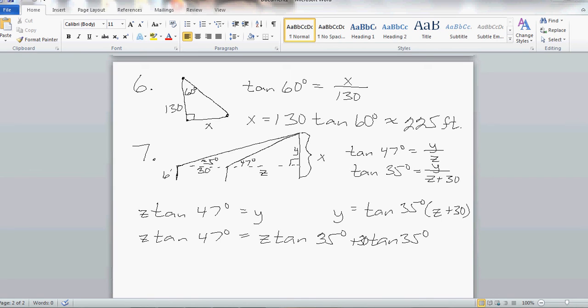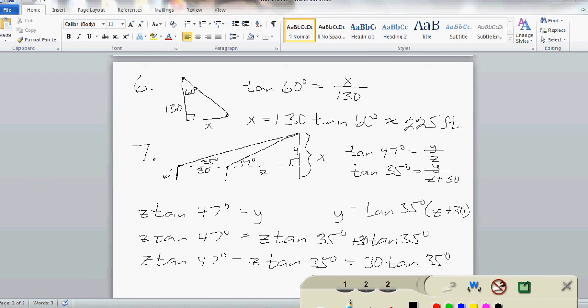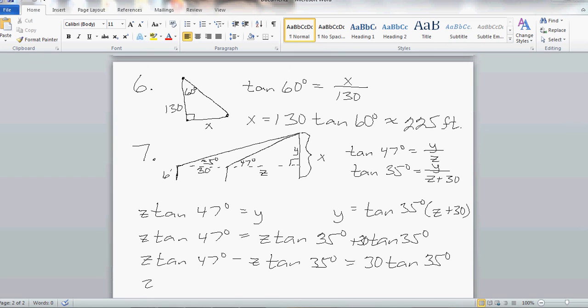Now let's get the z's all to one side, so it'd be z tangent of 47 degrees minus z tangent of 35 degrees must equal 30 tangent of 35 degrees. Factoring out the z here, we get z times the tangent of 47 degrees minus the tangent of 35 degrees is still going to equal 30 tangent of 35 degrees.